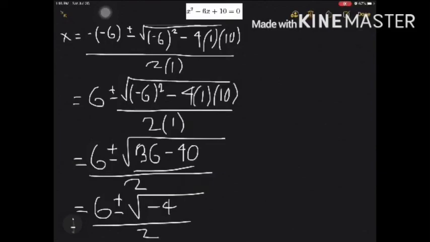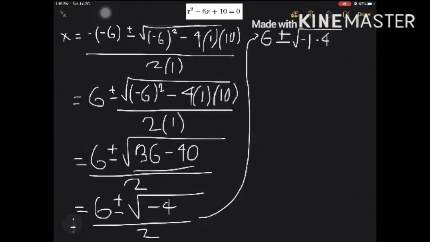So what we're going to do with this negative 4 is factor it out. So we get 6 plus minus the square root of negative 1 times 4, so that we get a positive number, over 2.